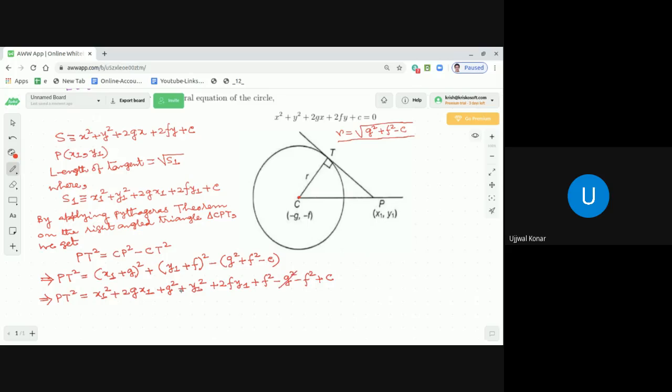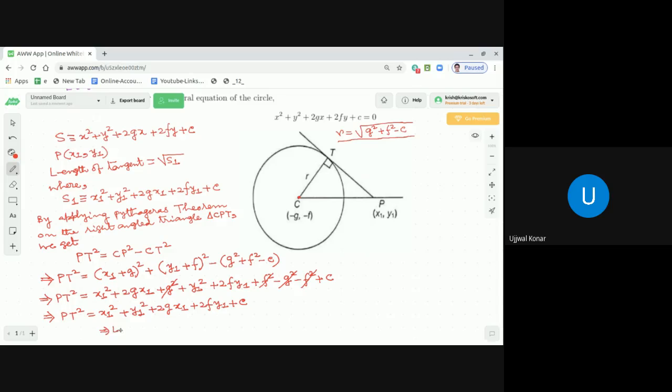So minus g square plus g square got cancelled, minus f square plus f square got cancelled. So what we get, dear students, is that PT square is equal to x1 square plus y1 square plus 2g into x1 plus 2f into y1 plus c.